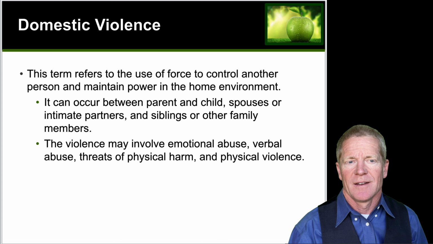Violence may involve emotional abuse, verbal abuse, threats of physical harm, and physical violence. If any of these things is occurring for you in your home environment, I urge you to contact the police and report any abuse that is going on, and make sure that you are in a safe environment as quickly as possible.